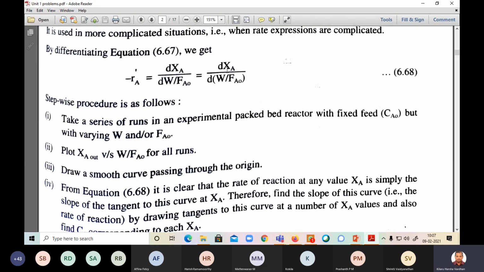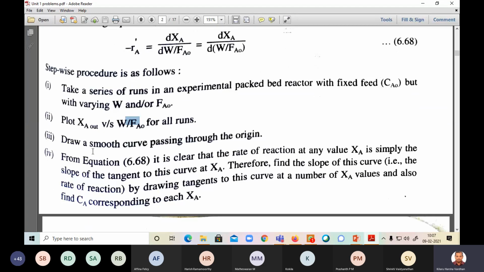So draw a graph with XA versus W by Fa naught, then find out the slope. Slope will give you this particular thing. Plot XA versus W by Fa naught for all the runs. Then draw a smooth curve passing through the origin, because this is y equals mx. Therefore, it should pass through the origin.